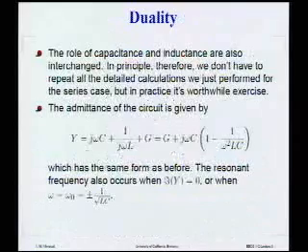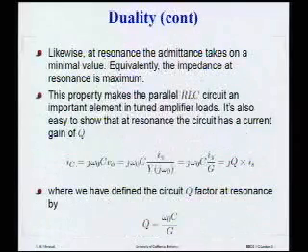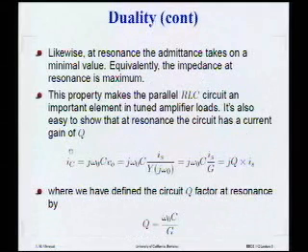Now you can show that this is true with a very simple calculation. The current in the capacitor is simply j omega naught C times V naught, because every element has the same voltage across it, and V naught is just the current source IS divided by Y, the total admittance of the circuit.